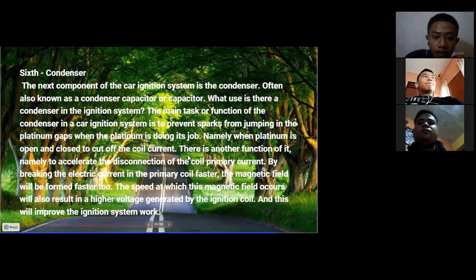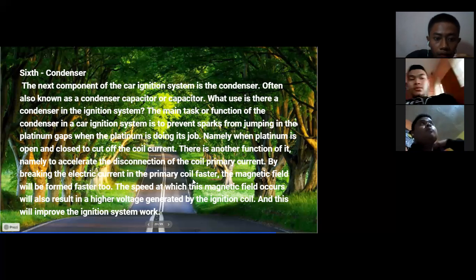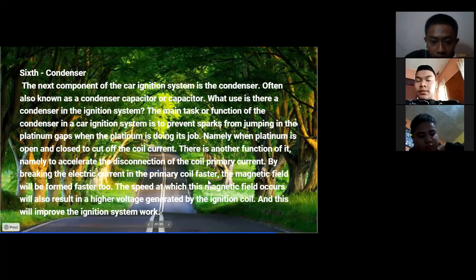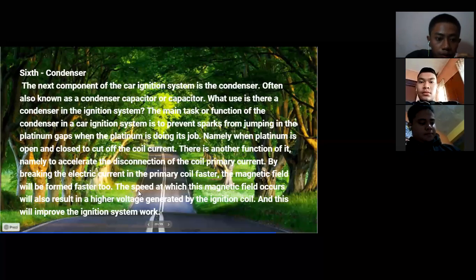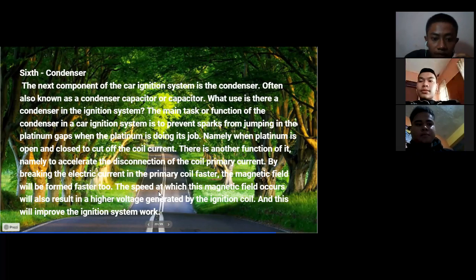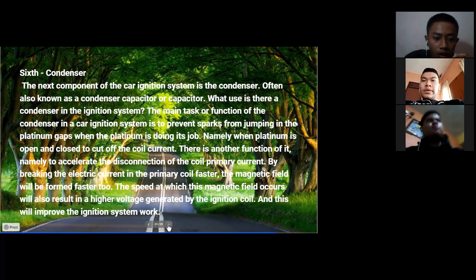There is another function, namely to accelerate the disconnection of the coil primary current by breaking the electric current in the primary coil faster. The magnetic field will be formed faster too. The speed at which this magnetic field occurs will also result in higher voltage generated by the ignition coil, and this will improve the ignition system work.